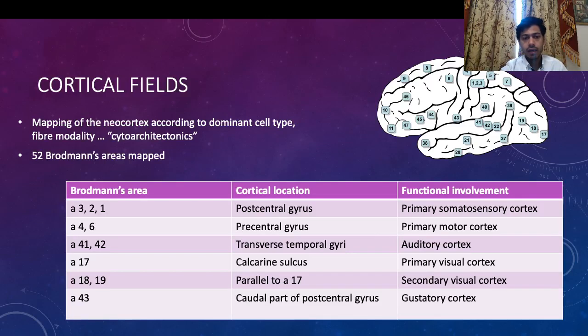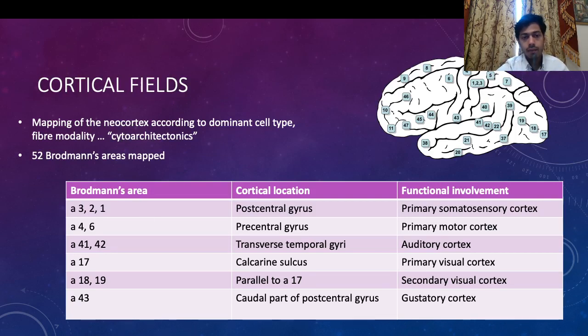So I think the whole context of knowing what gyrus is which and where the gyrus is, it's all relevant because we have cortical fields, and these were mapped by Brodmann, and essentially it is a map for medical doctors and also other healthcare professionals to map which area is responsible for which function.